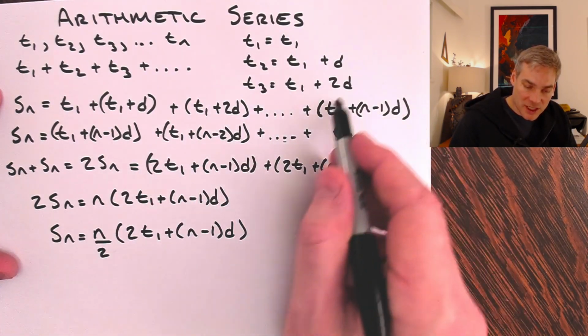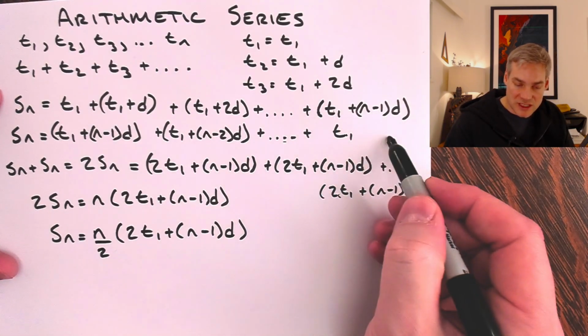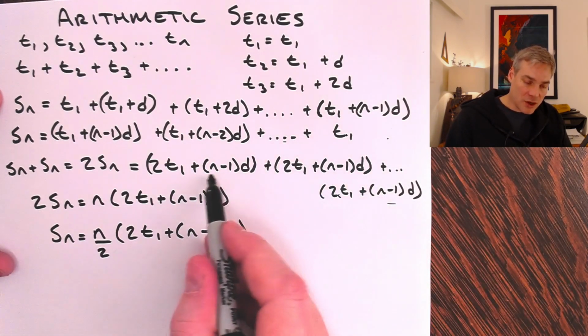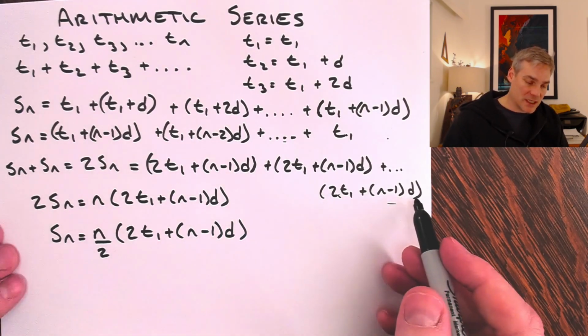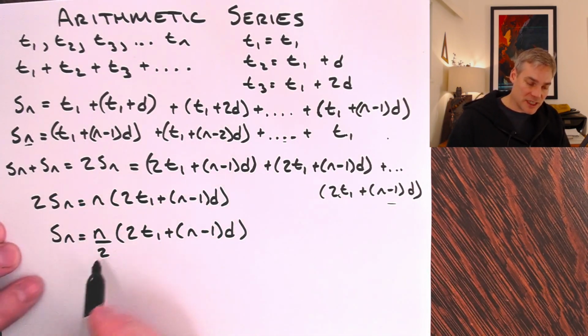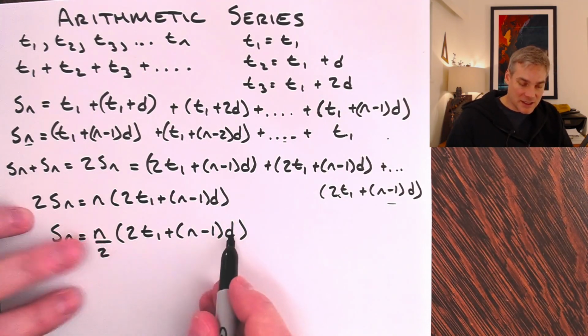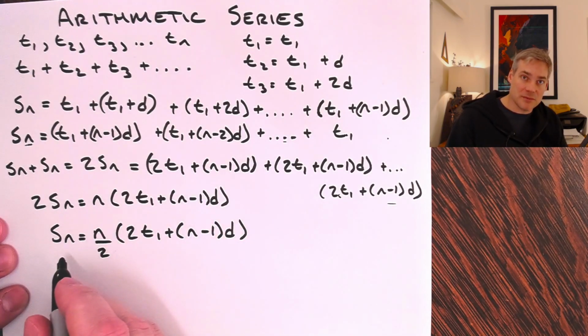And then this term, the final term. So T1 and T1, I get 2 T1s. There's no d's here, but there's n minus 1 d's. So it's always going to be 2 T1 plus n minus 1 d for every term. But there's n terms, so I have n of these, and then I divide the 2 out. So now I have the equation for the sum of a series.